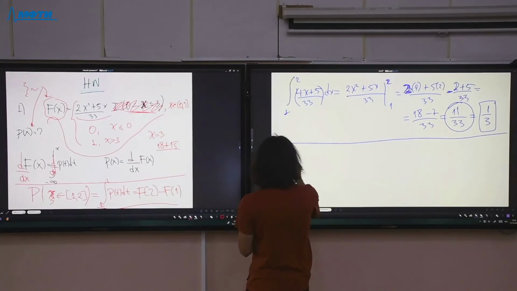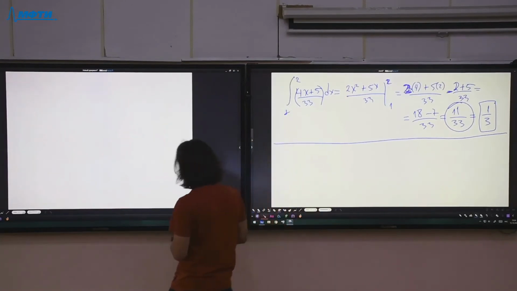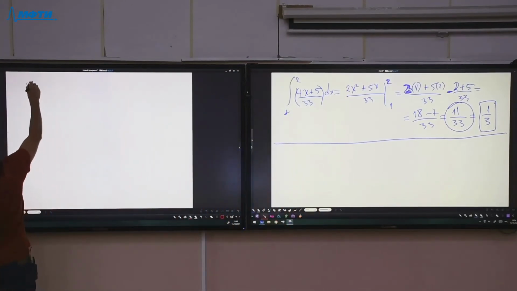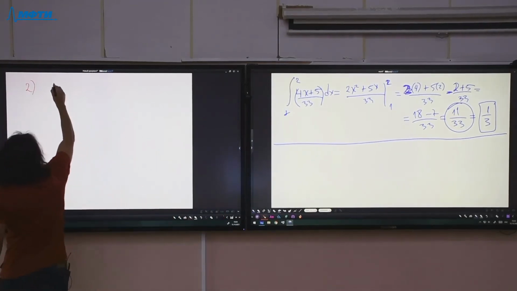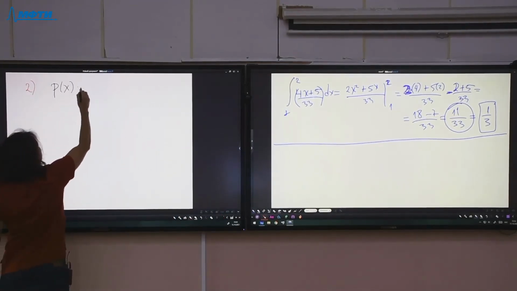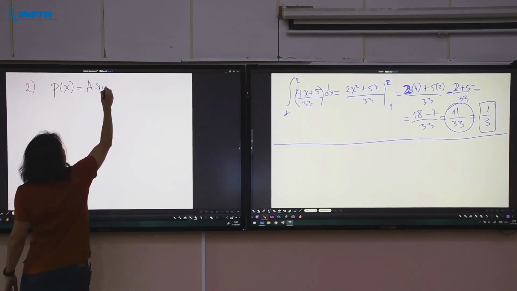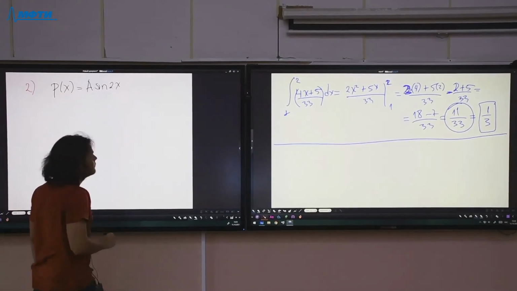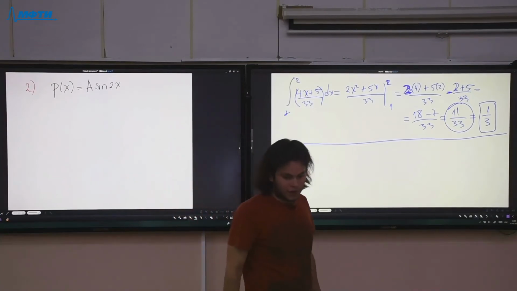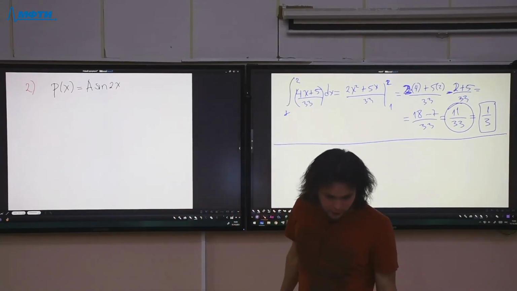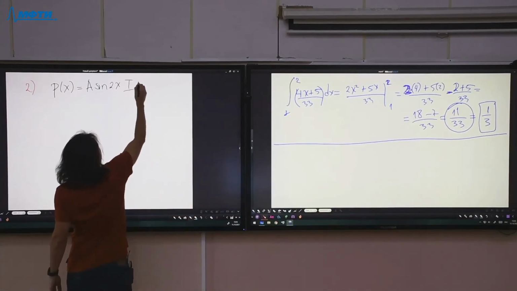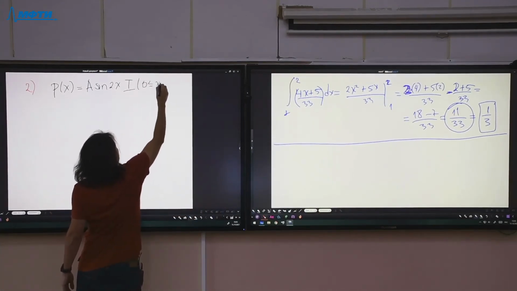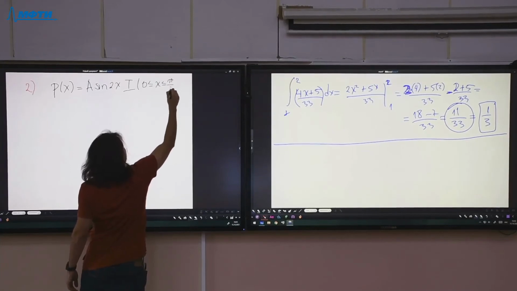So this is exercise number 2. The PDF is a times sine of 2x when x is between 0 and pi half.